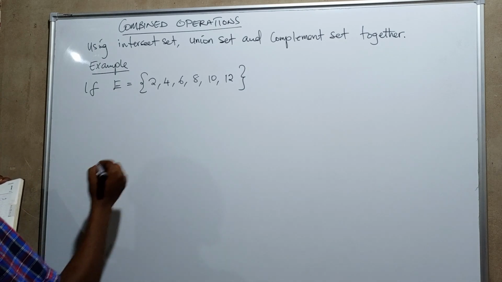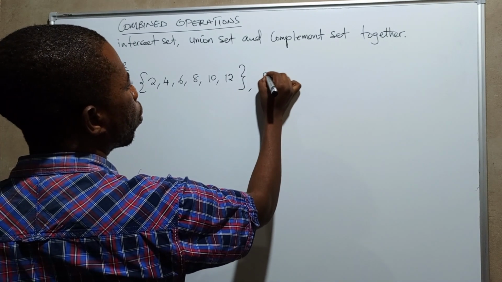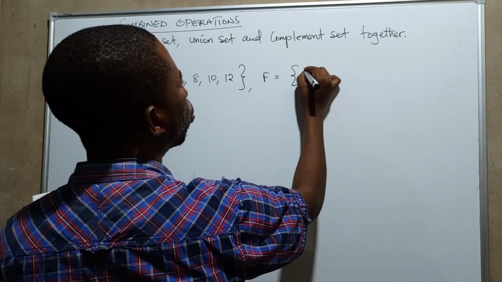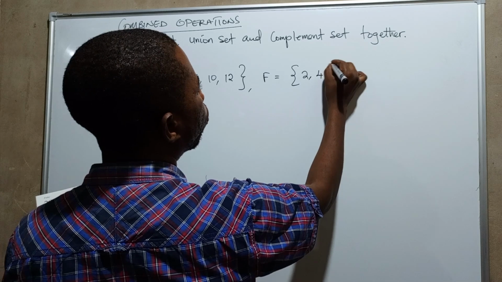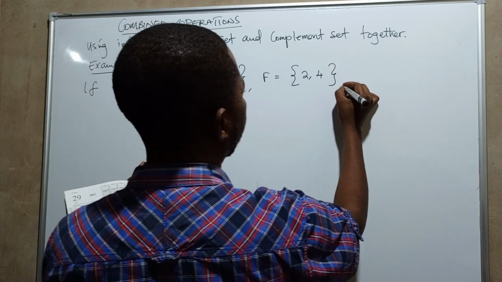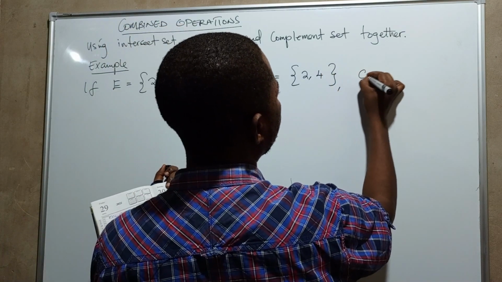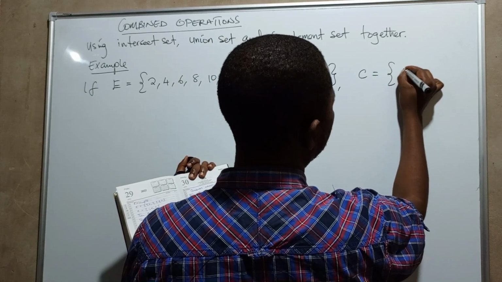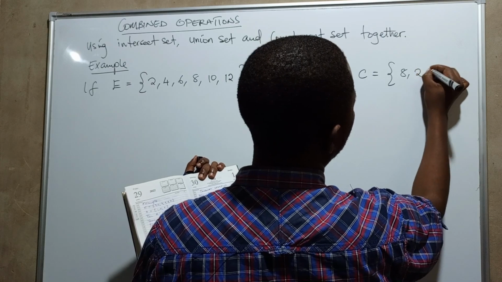Then we are given F, which is 2, 4, and C, which is 8 and 2.